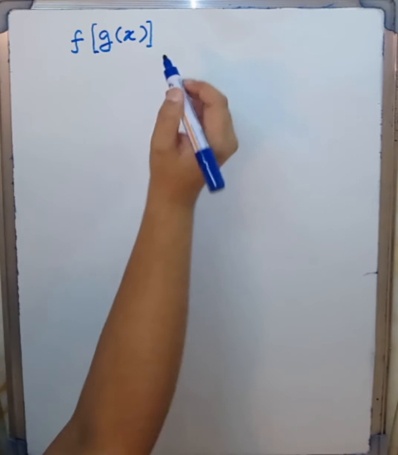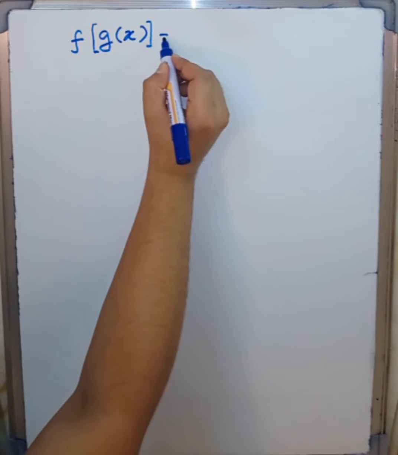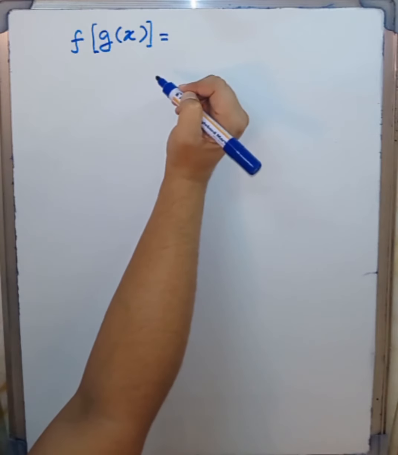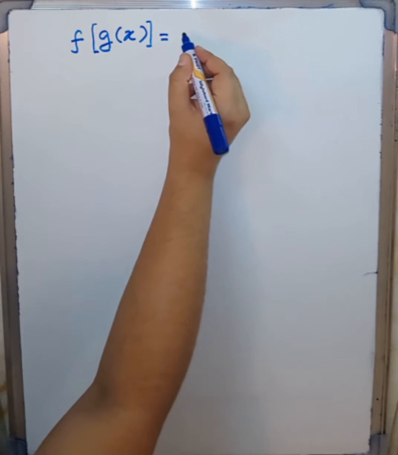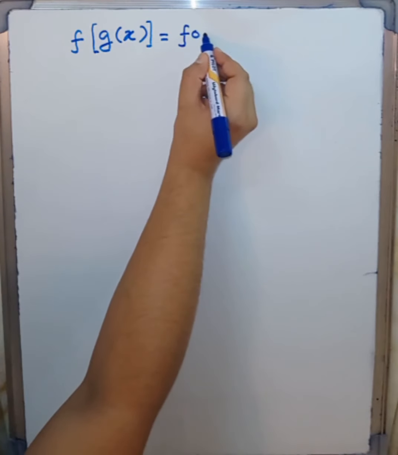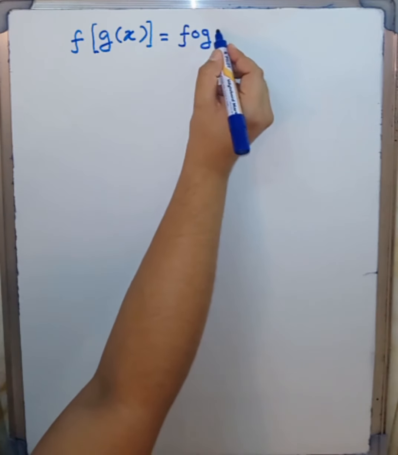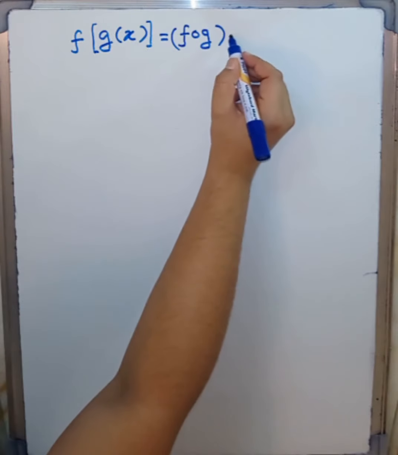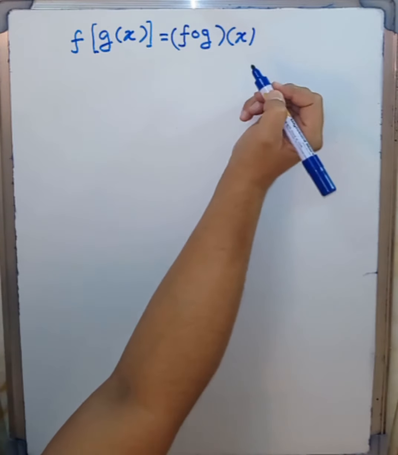These types of functions are called composite functions. This is denoted by f composition g of x.